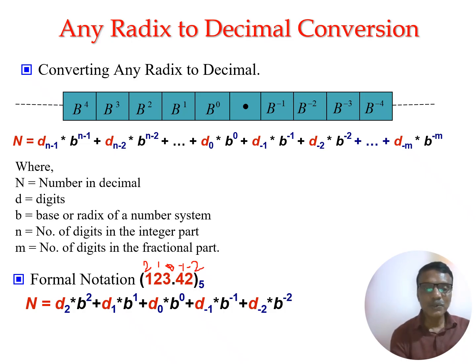So D2, this is D0, D1, D2. So here D2 value is 1 into B, which is 5, and power is 2, and then plus D1 is 2.